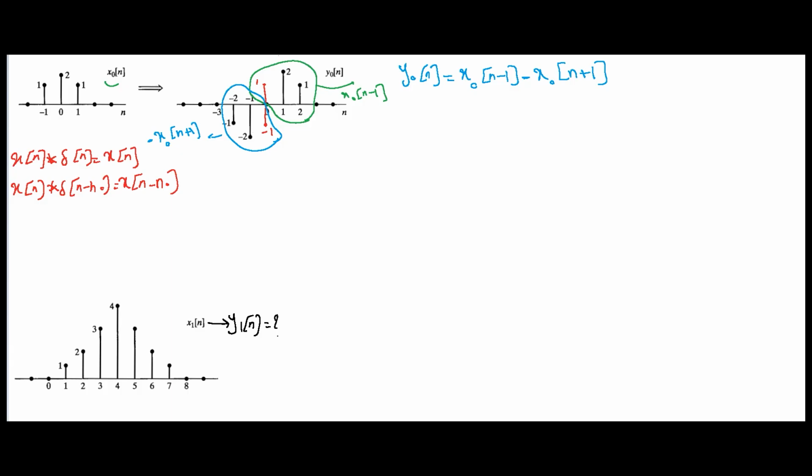Using these properties, we can rewrite the previous expression. The first term becomes the convolution of x0[n] with delta[n-1]. The second term becomes the convolution of x0[n] with delta[n+1] multiplied by -1.